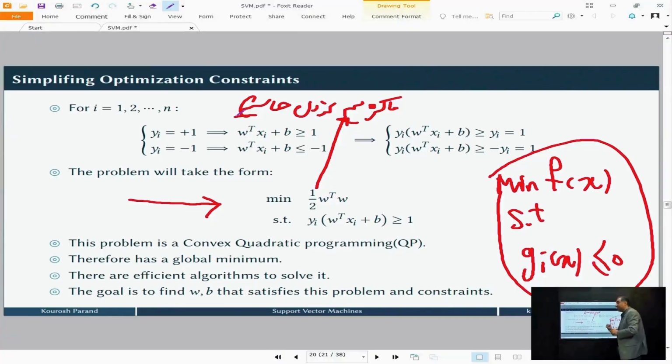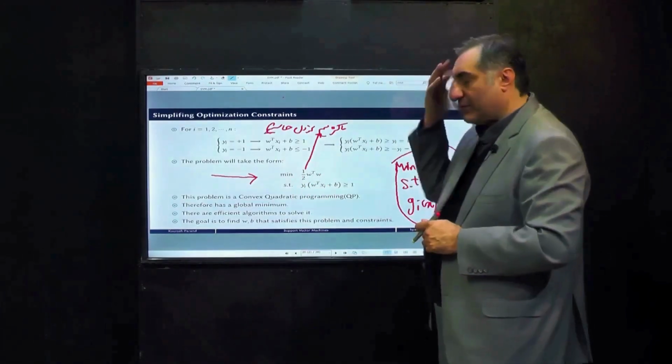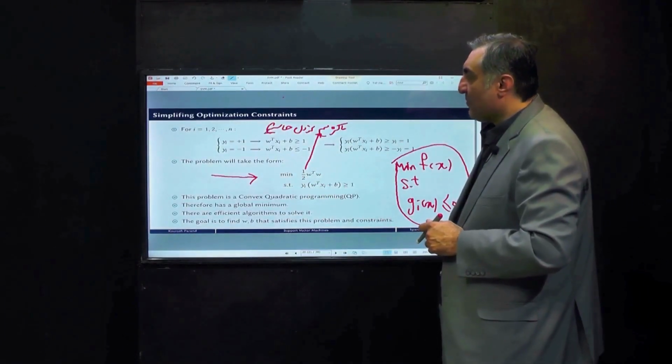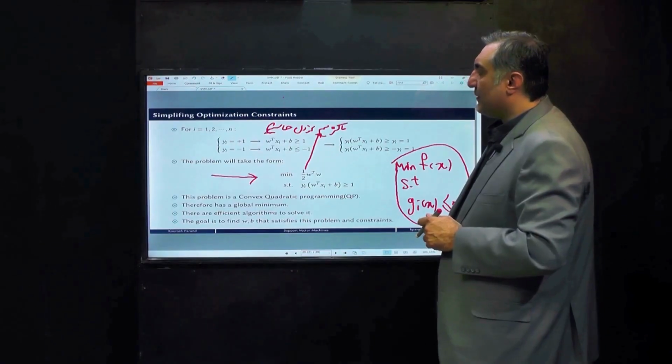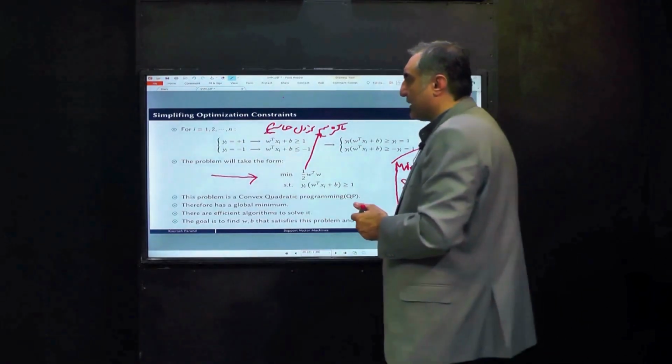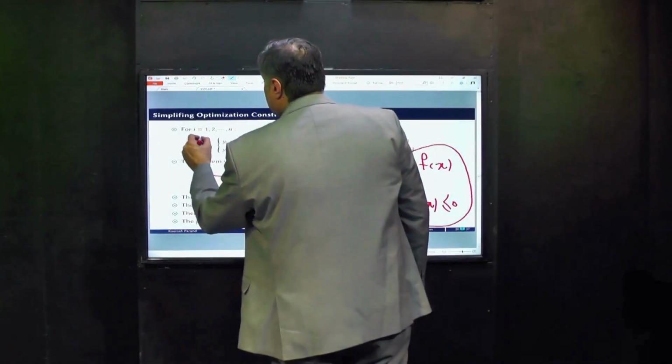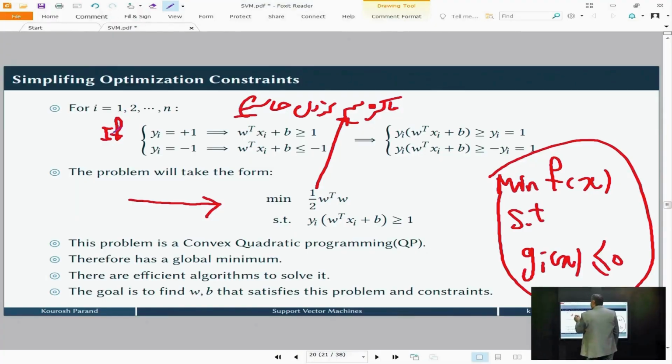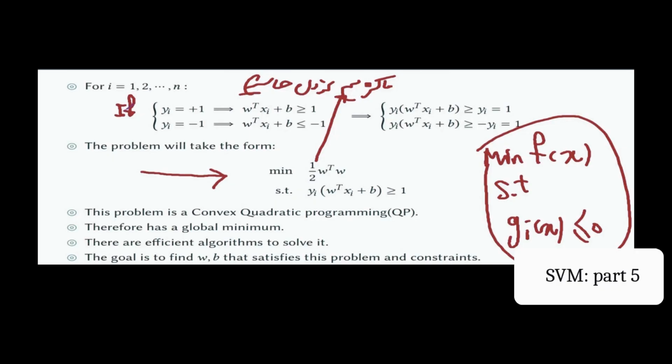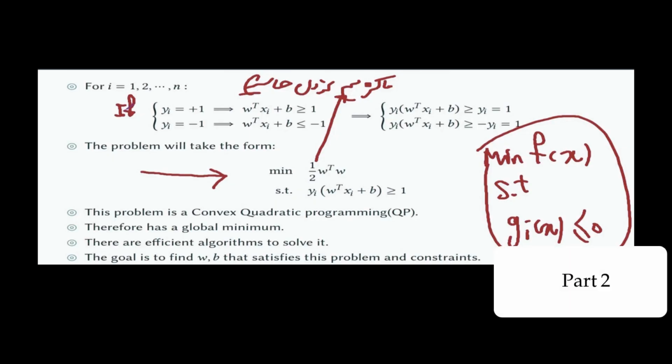Now, regarding the constraint, there's a very technical point that you need to pay close attention to. And this is a clever move that Vapnik and his colleagues made. What did they do? Vapnik and his colleagues thought about it and said, what if W transpose X plus B is greater than or equal to 1?